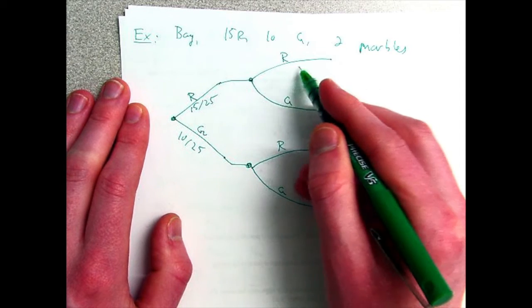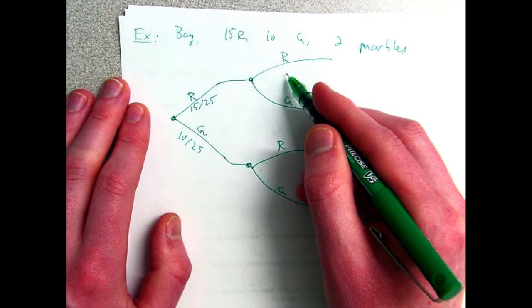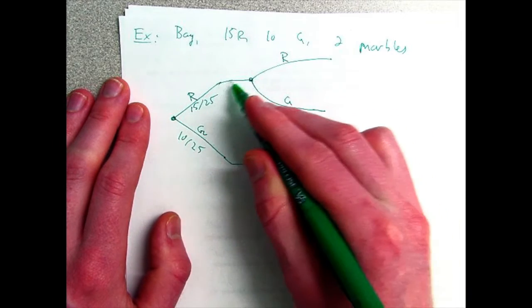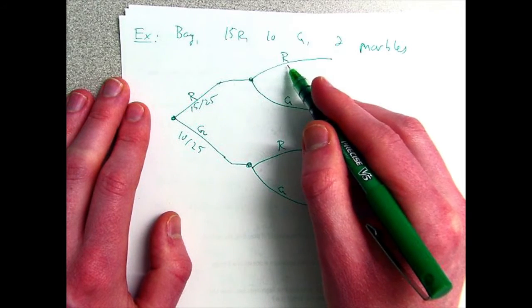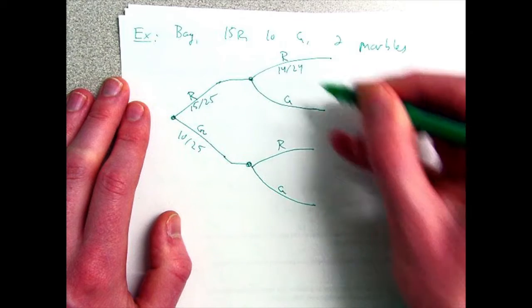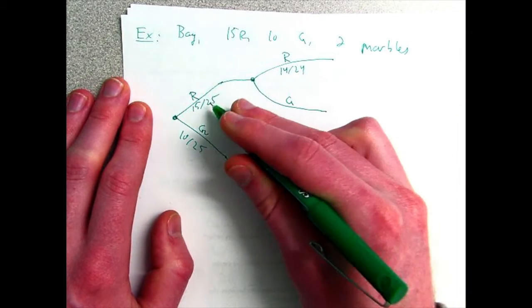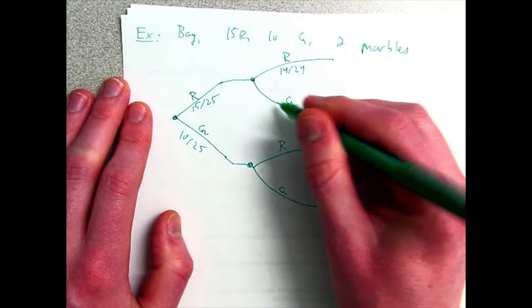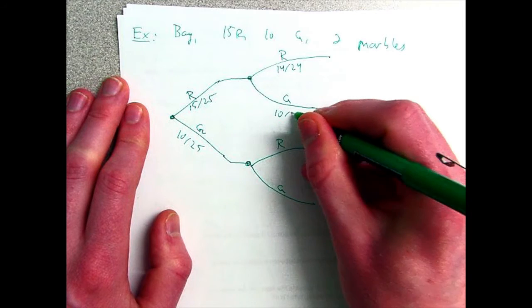The number I'm going to write here is the probability of getting red given the fact that I am already on this branch. In other words, it's the probability of getting red given the fact that my first marble was red. That's going to be 14 out of 24. Here, I'm going to write the probability of getting green given the fact that my first marble was red, given the fact that I'm already on this branch here. Well, that would be 10 out of 24.